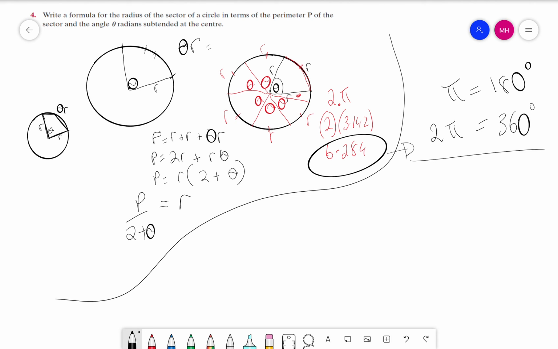6.284 will produce a full rotation in any circle, and pi, which is 3.142, will produce a half rotation in any circle. So we can take it to be 180 degrees, and we can take it to be 360 degrees.